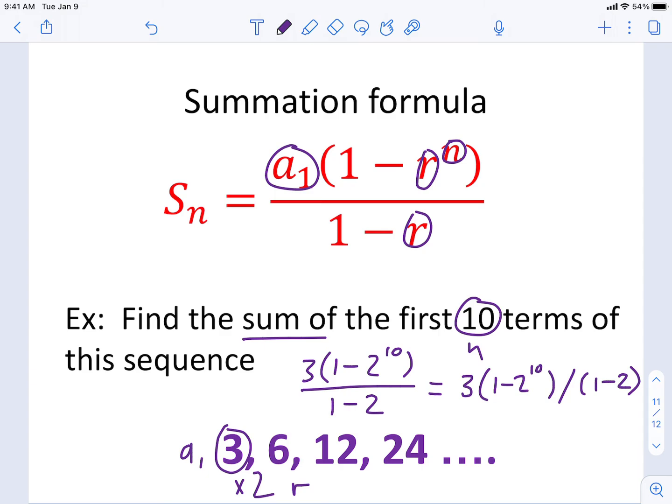If you don't put parentheses around the 1 minus 2, it's going to divide everything by 1, figure out what that number is, and then subtract 2, and it's going to be way off. All right, so if you do that correctly, if you plug it in just how it looks, you should get 3,069.